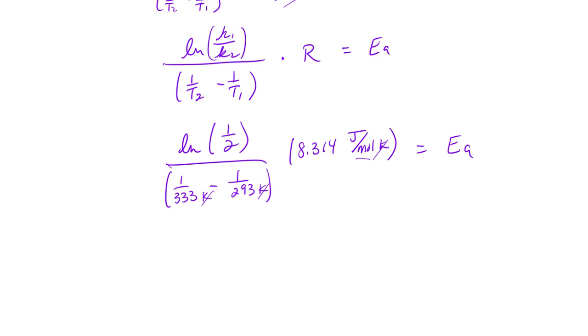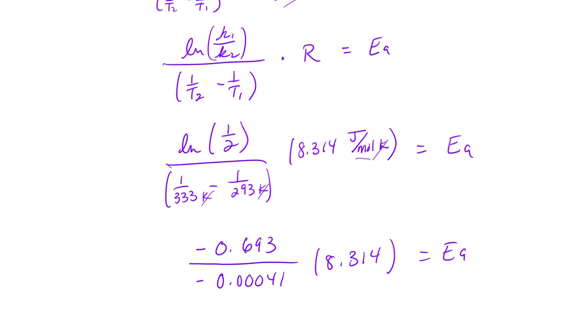So when you do all of the math here, we're going to have minus 0.693 in the numerator, that's for ln of 1/2, over minus 0.00041 for the subtraction of the two temperatures, times 8.314, is equal to the activation energy.